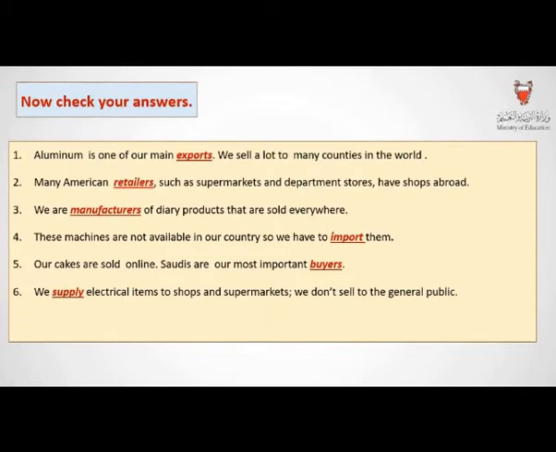So manufacturers, it means you have a factory, and the factory produces. So another word for manufacturers is producers. So you produce, you make products, you make goods that can be sold later.